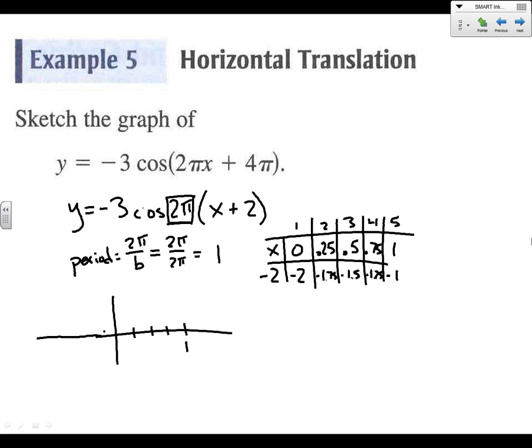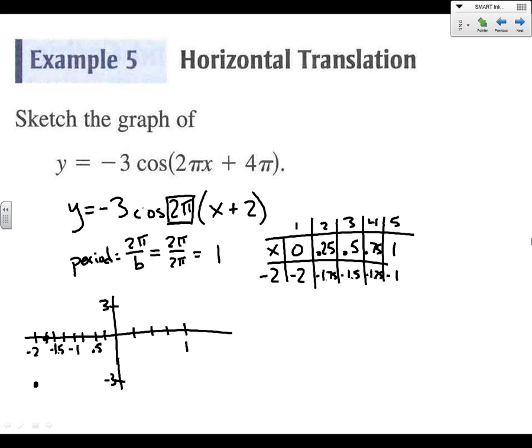Okay, so we'll shift it back here. Back here to negative 2. And just in the interest of space, I'm just going to go every other tick mark. We're going to start at negative 2. I'm sorry, this is cosine. So in cosine, we would normally start at 3, but since it's a negative, we're going to flip down and start at negative 3.